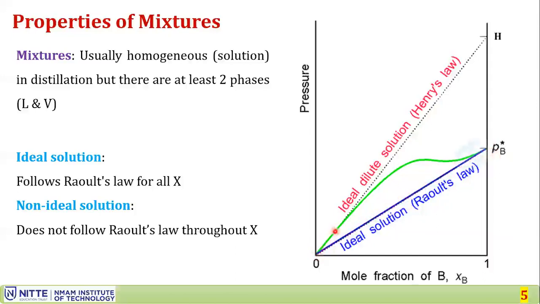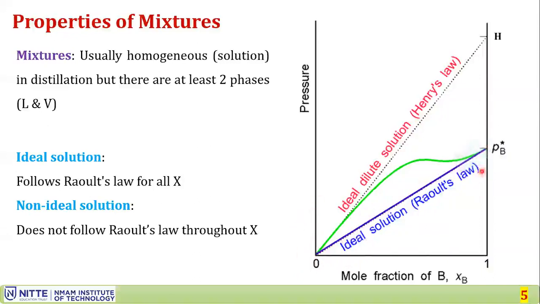Now if you take this particular case, this is the non-ideal case. If it had followed Henry's law, it would have been like this dotted line. Now in reality, the ideal solution follows this particular line, the blue line, the purple line. The green one is the non-ideal solution. For low concentration of B, it follows Henry's law.